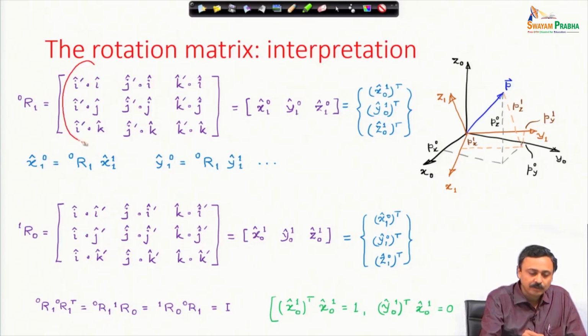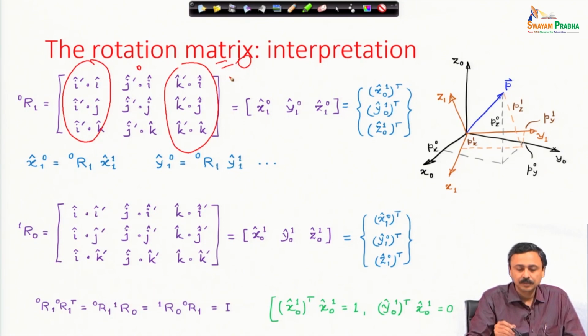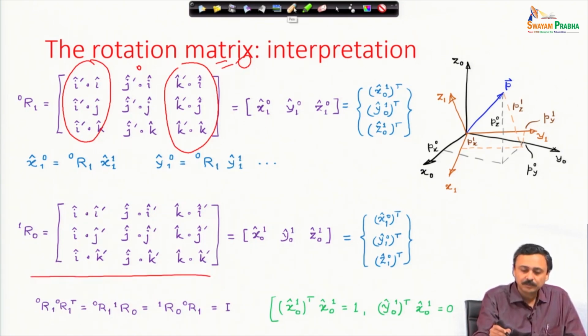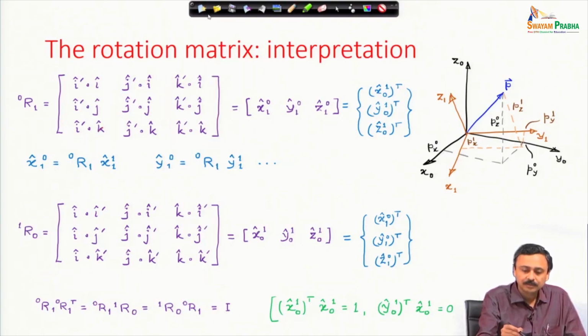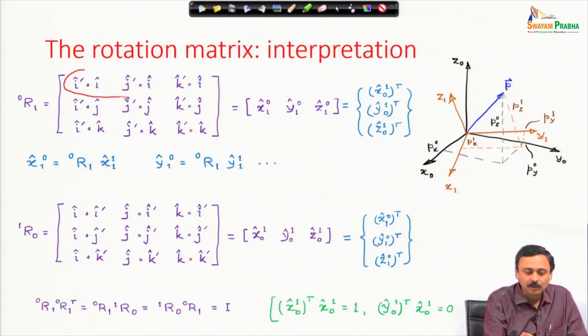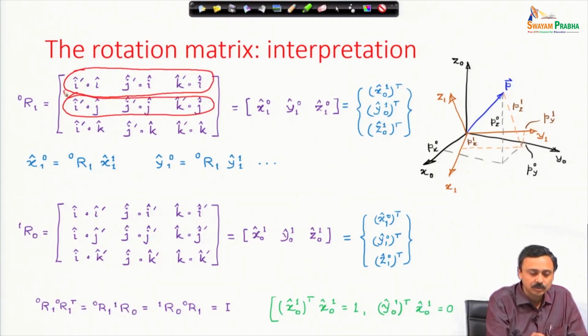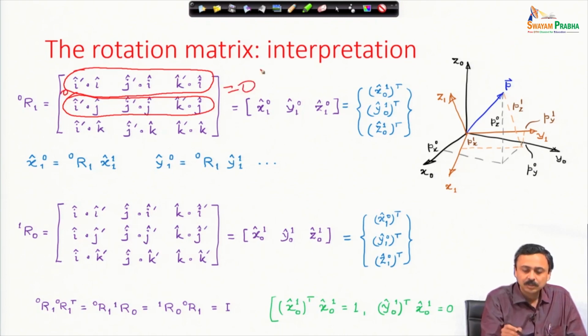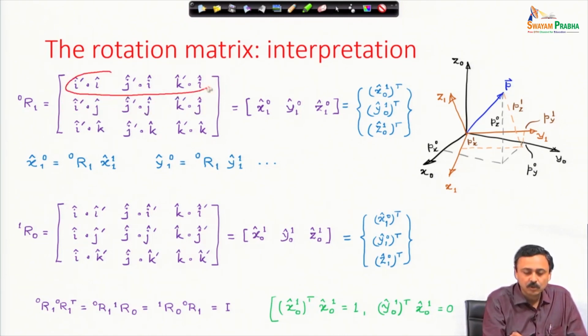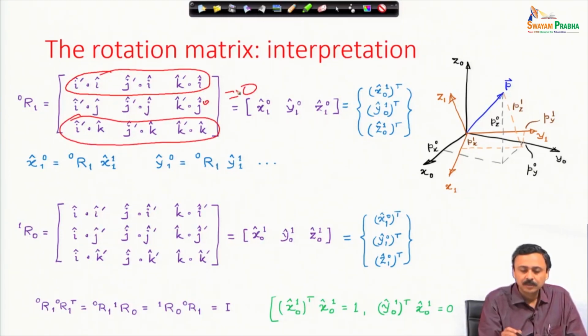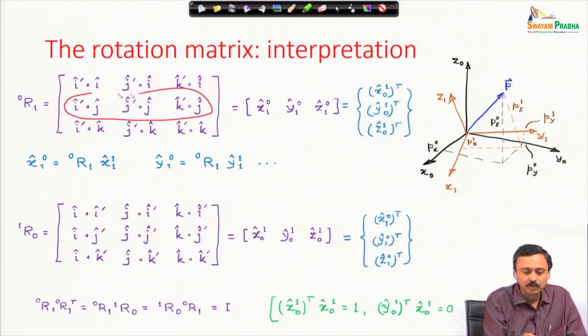Similarly, the dot product of this column and this column is 0, and because a similar thing must hold for the rows, the dot product of these two rows is 0. Similarly, the dot product of this row with the third row must be 0. Same thing for the second row and the third row, that also must be 0.